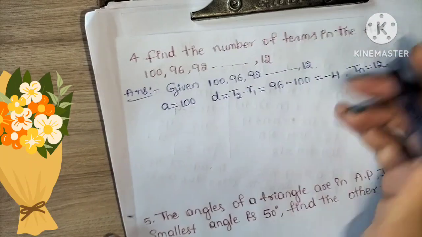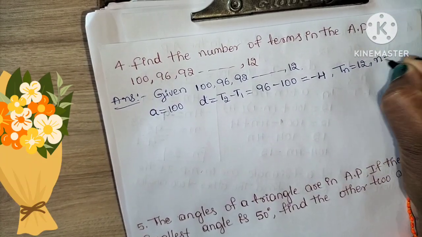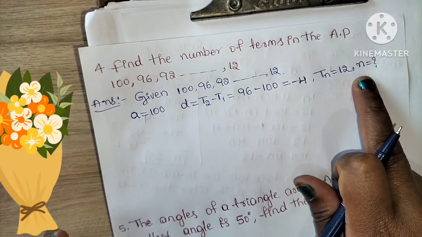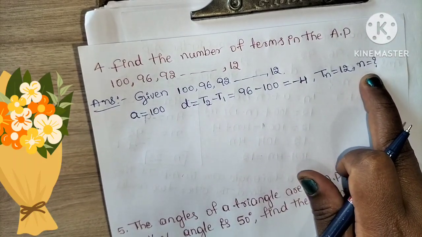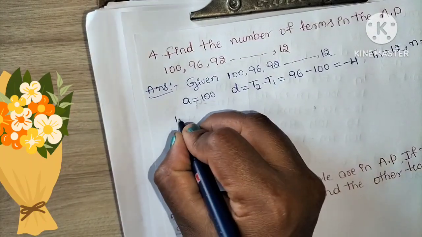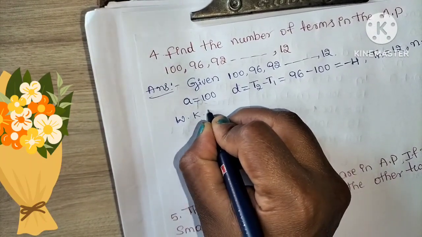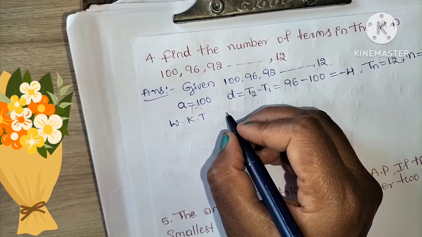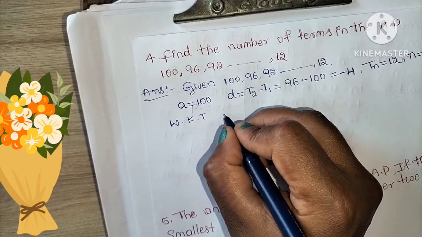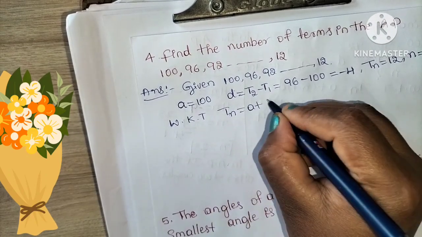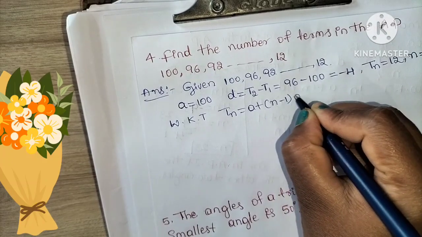Next, we have to find how many terms are in the given arithmetic progression. The n value we have to find out here. How to find it? We know that the general equation of the arithmetic progression, the nth term equation, is Tn is equal to a plus n minus 1 into d.